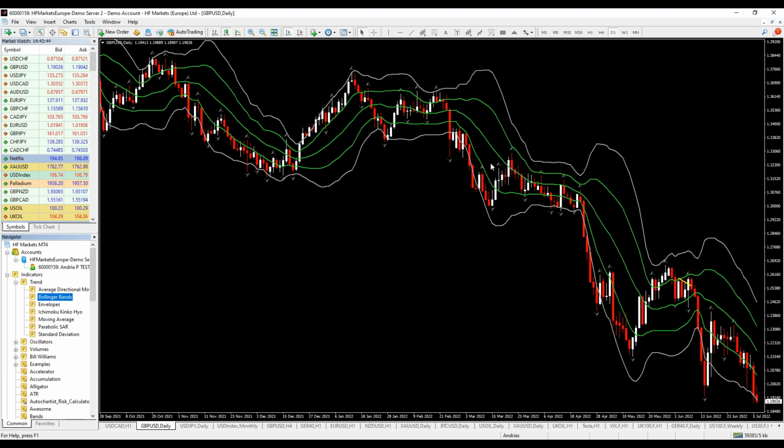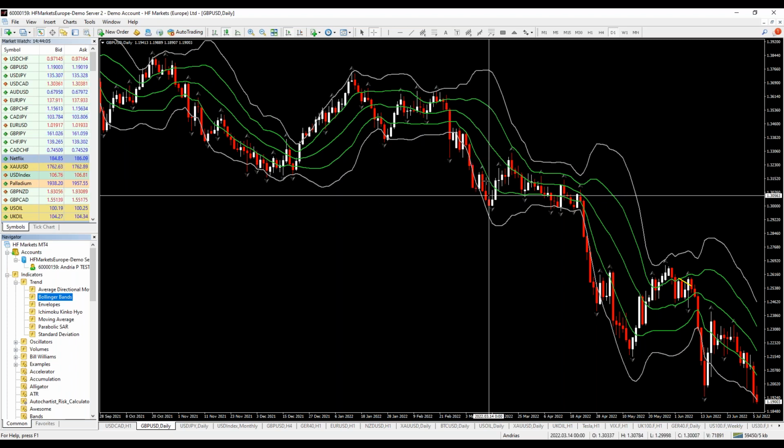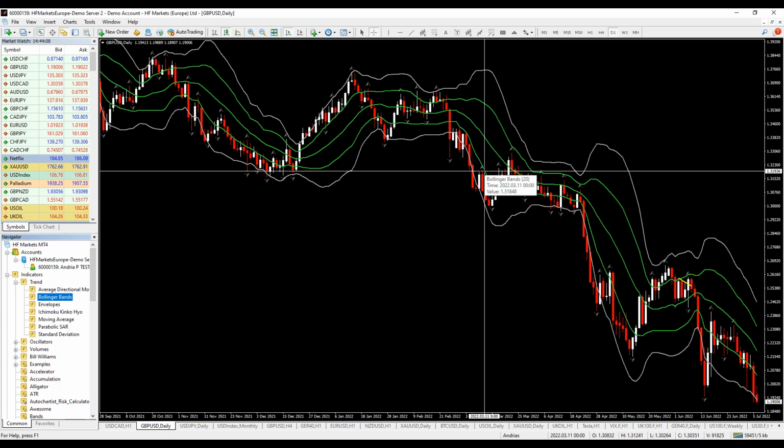And the other 2 lines are our plus 2 standard deviation and minus 2 standard deviation. So we have 5 lines. If you notice carefully, that creates 1, 2, 3, 4 zones. Okay, 4 zones.